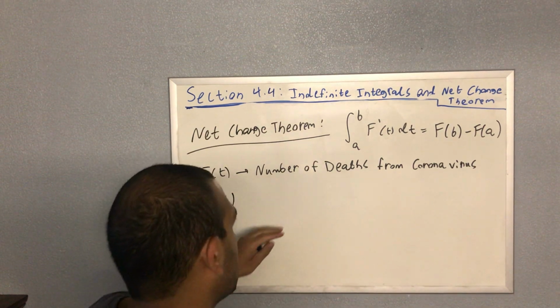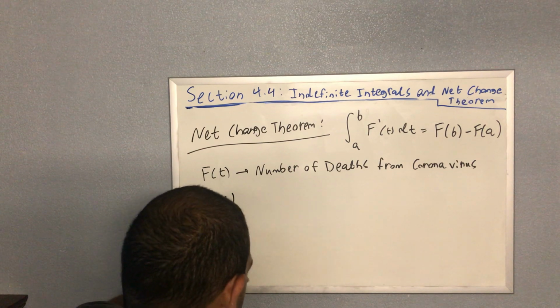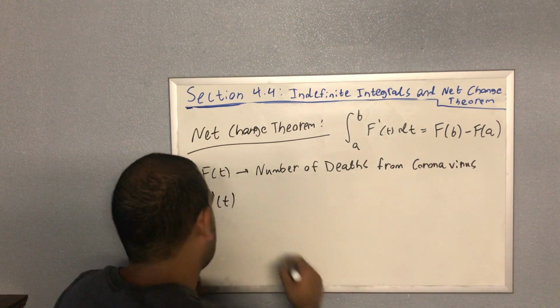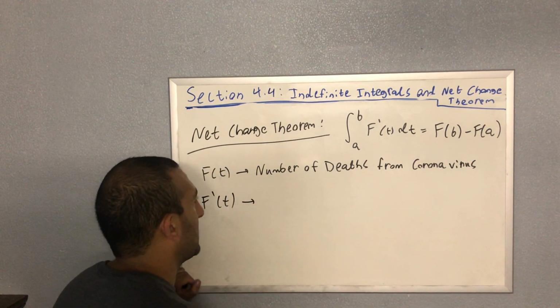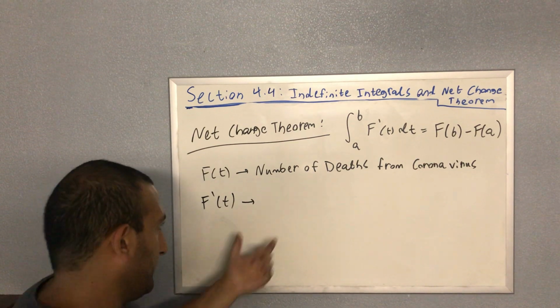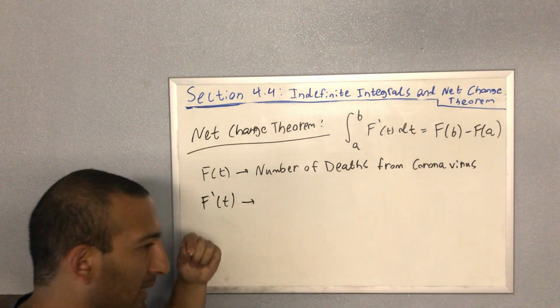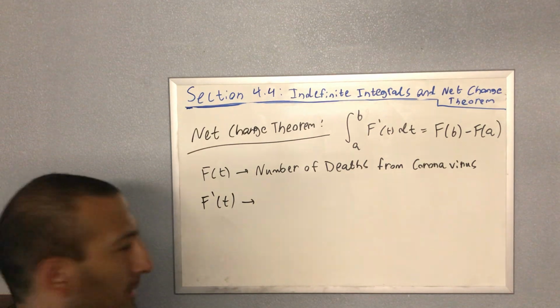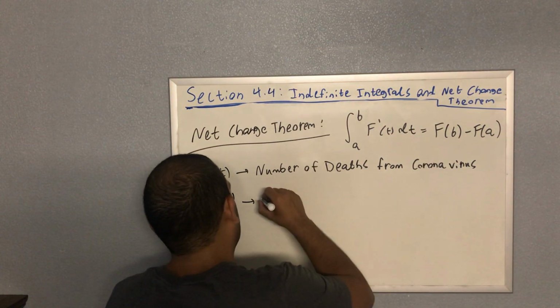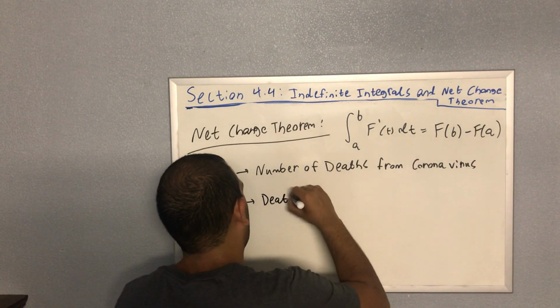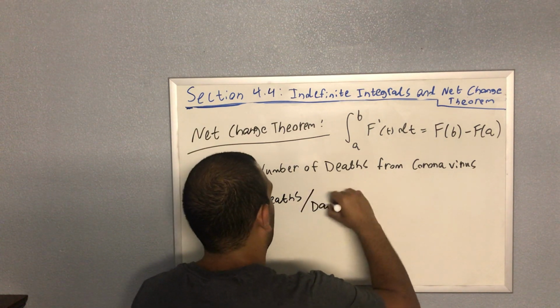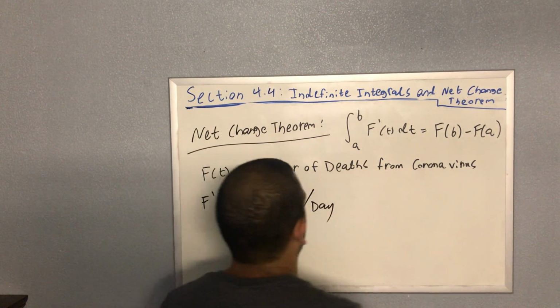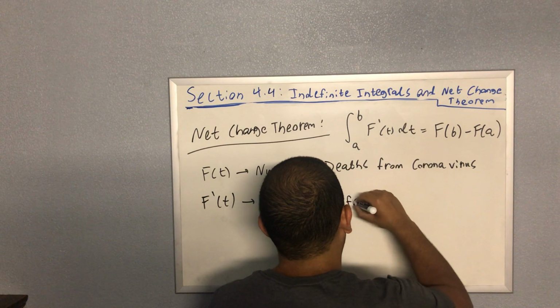Well, again, f prime is the rate of change. So it's a slope, right? So it's going to be the ratio of the output, number of deaths, to the input, which is days. So this is deaths per day from the coronavirus.